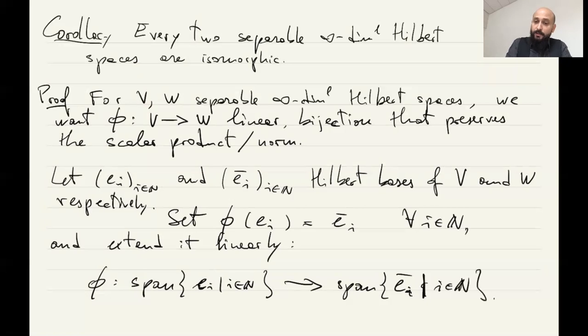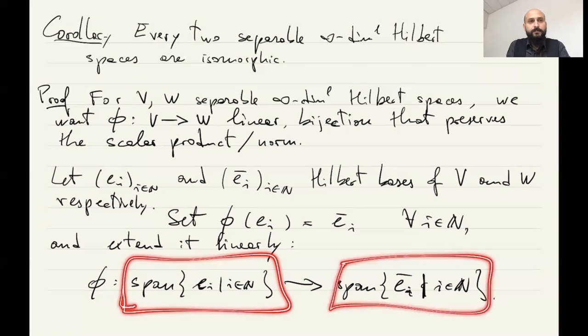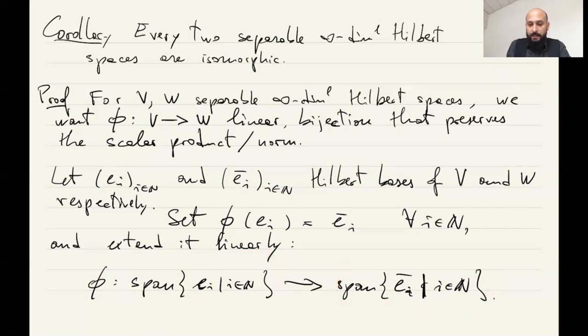Okay, now let's not make the mistake of thinking that this is equal to V. This is just dense in V. Likewise, this is dense in W. However, this map, since these elements are orthonormal, these are also orthonormal, this map here preserves the scalar product.